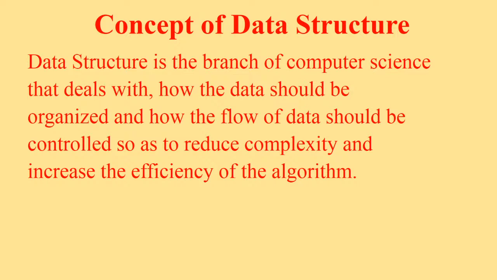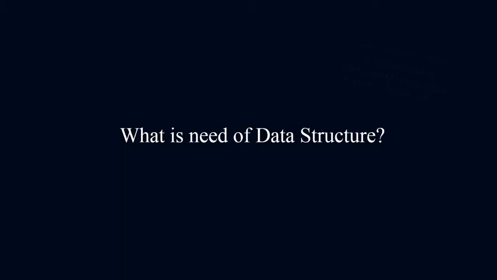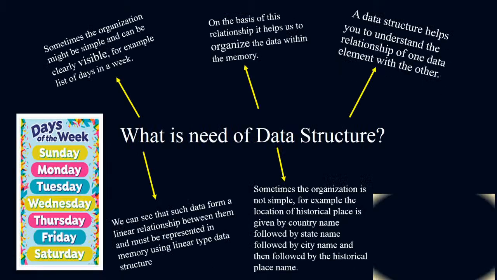Data structure is useful in deciding how the data should be organized and how the flow of data should be controlled. So this decision depends on real life scenario data. The data can be linear and it can be non-linear. So that is the need of data structure.